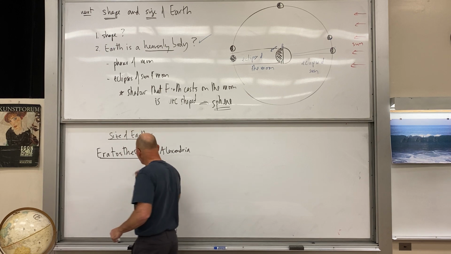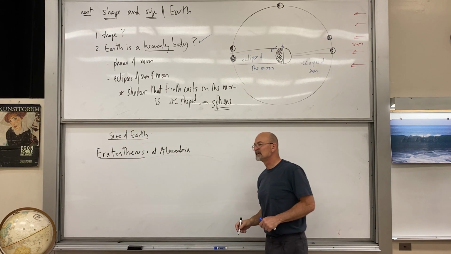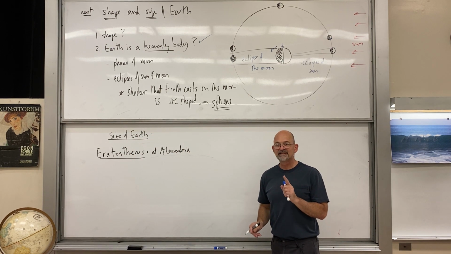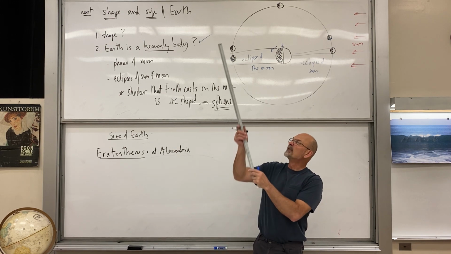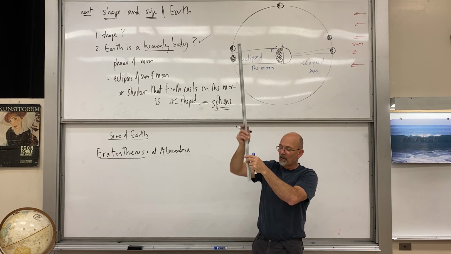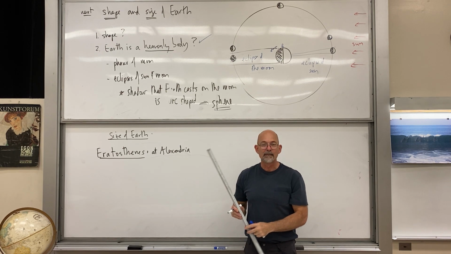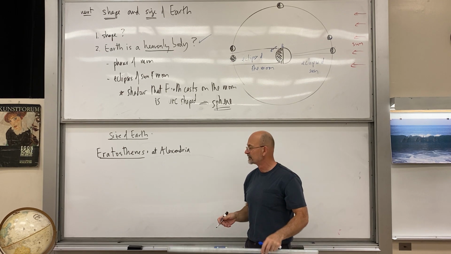So he reads in a book somewhere that there's a place south of Alexandria where the sun stands directly overhead on June 20th and shines straight down into the bottom of a well. Okay.